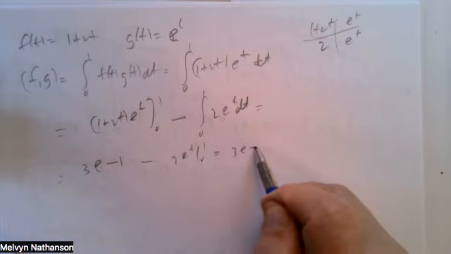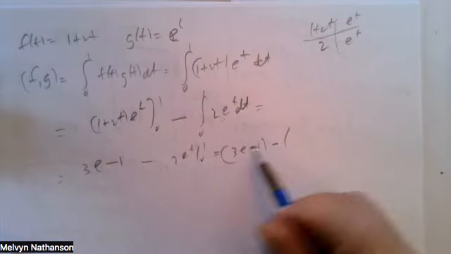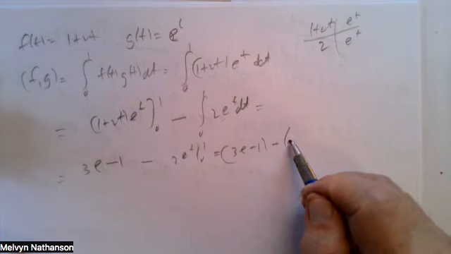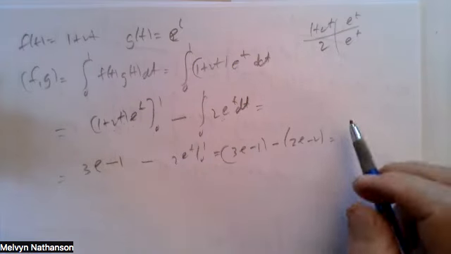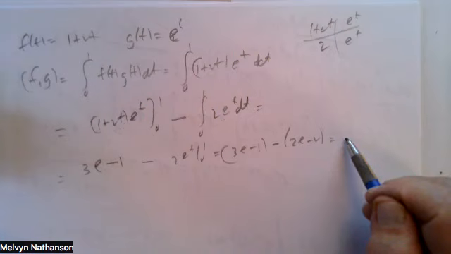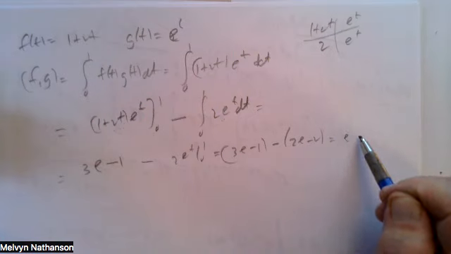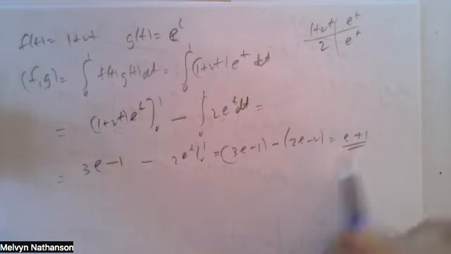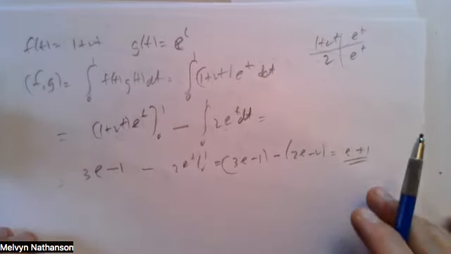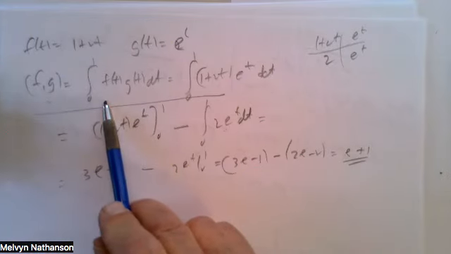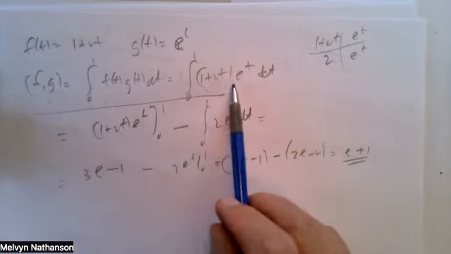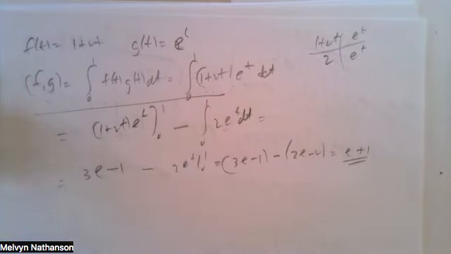So this is 3e minus 1 minus 2e minus 2. If I did my arithmetic correctly, this is e plus 1. But again, you just have to check the integration. This is the definition of the inner product in this vector space. So you're integrating the product of these two functions.